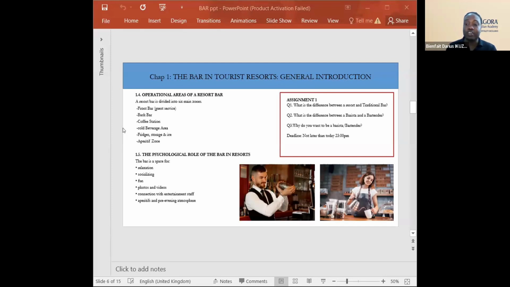That's where we put every equipment. That's where we keep glasses. So they are all in the back bar. You will see that mostly when we are standing in the bar, the glasses are behind us. And other drinks are in the fridges down the counter.